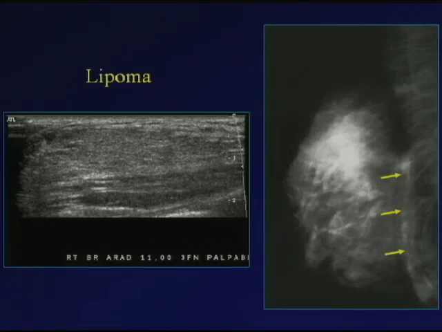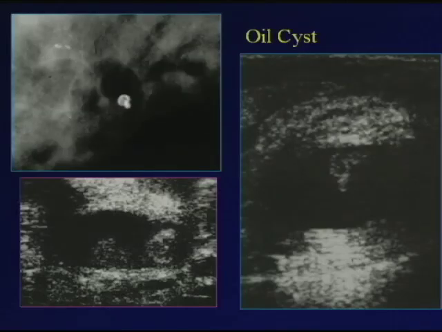Lipomas are also fairly easily seen on mammography. These are not something that we have to ultrasound if you can recognize it on the mammogram. And on ultrasound, they tend to be fairly homogeneous, but a little bit increased in echogenicity relative to surrounding fatty tissue.